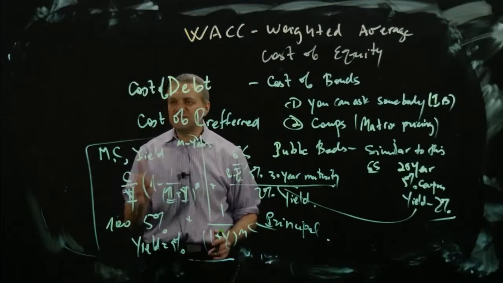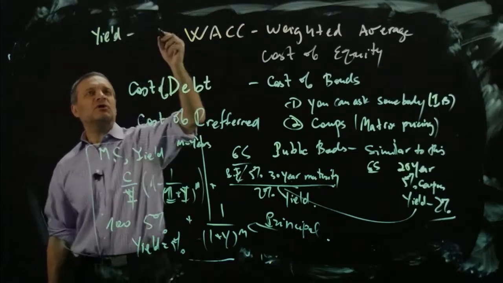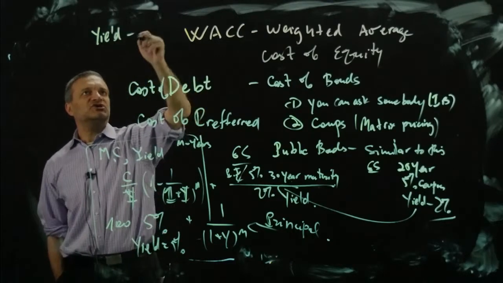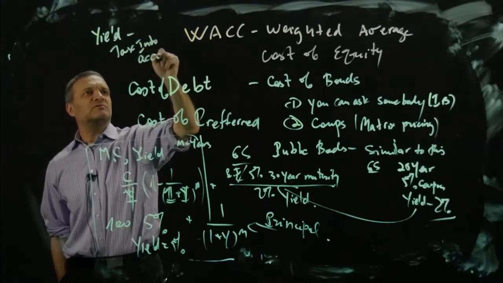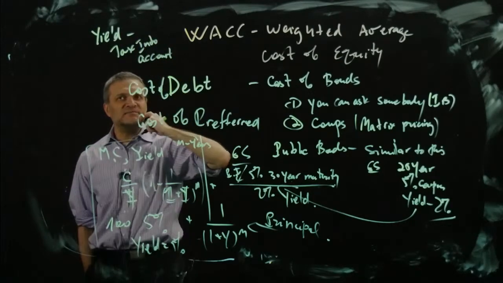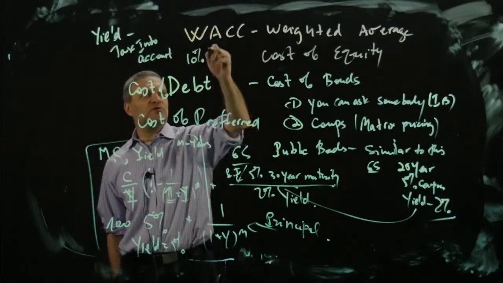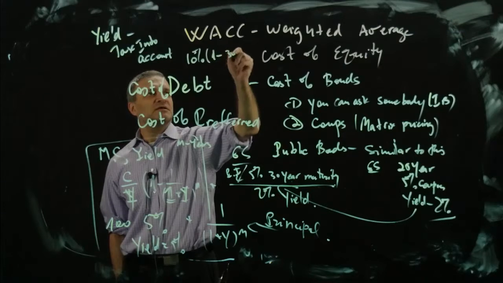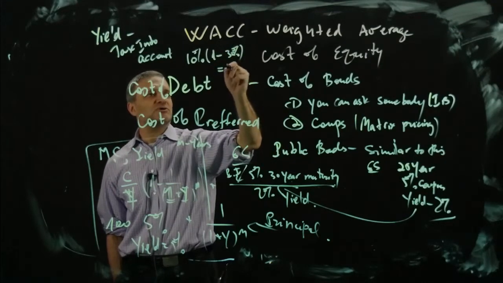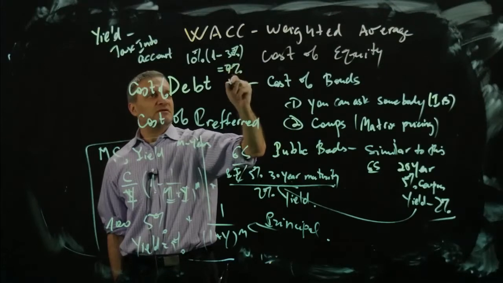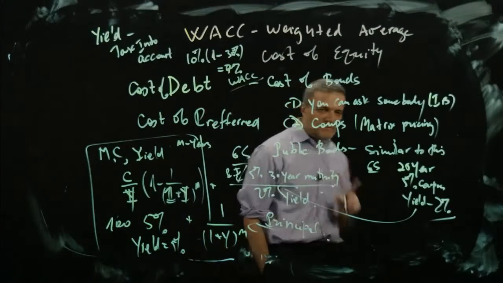Now, the one thing that you want to remember is that once you have a yield, you then need to take the tax into account. Remember that interest is tax deductible. So if you have 10% that you got with this formula, you want to multiply by 1 minus, let's say, 30%, which is your tax rate, and you are going to get 7% as the real after-tax cost of debt.